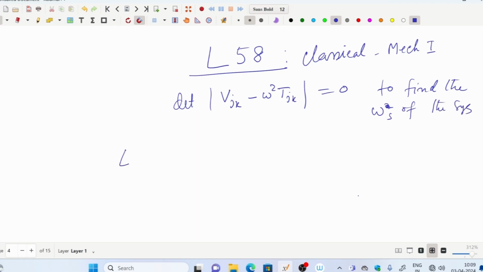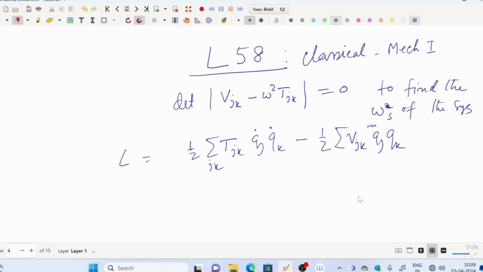The system was described by the Lagrangian, let me write it. So this was our Lagrangian: half sum over jk T_jk q_j dot q_k dot, minus half sum over V_jk q_j q_k, no dot here. So this we did in the last class.